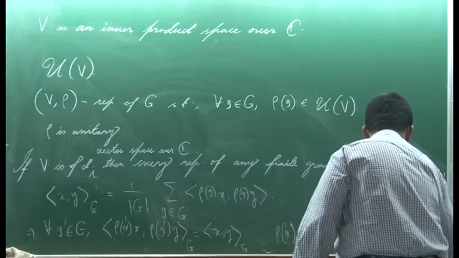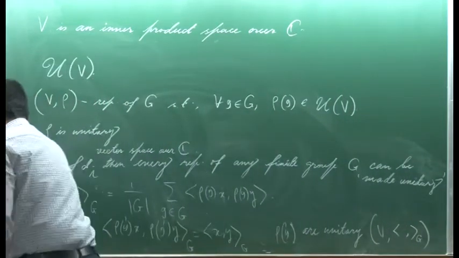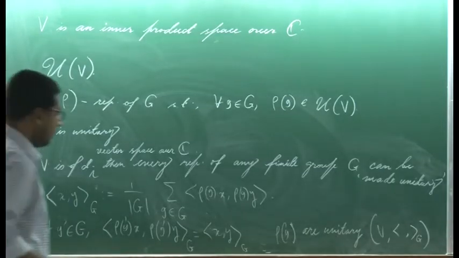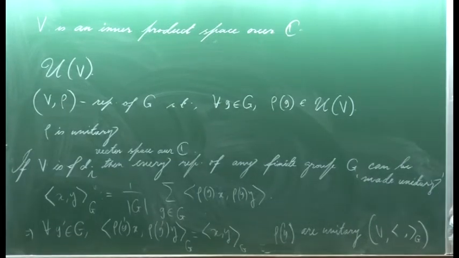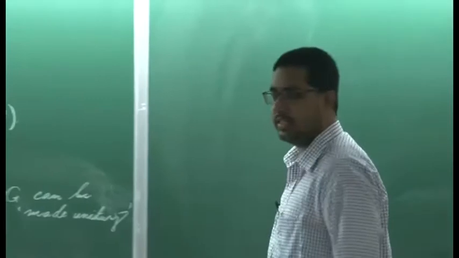Let me again remind you that here we have changed the inner product. Now, what do you obtain as a consequence? Each rho G prime is unitary.